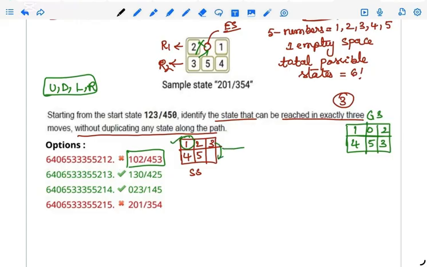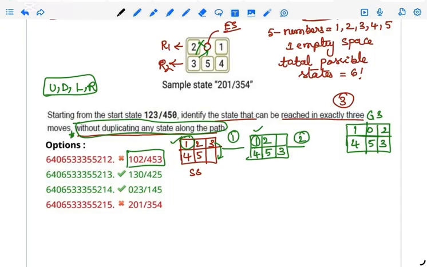So for the first move, 1 2 is here and this is 0, then 3 5 and 4. No duplicate states are allowed. So very important, without duplicating any state. Remember this one also. Next, for the second move, 1 is in the correct position, so move 2, because in the goal state 2 is in this position.